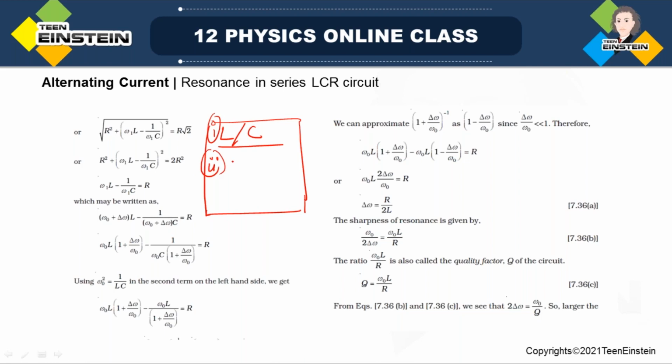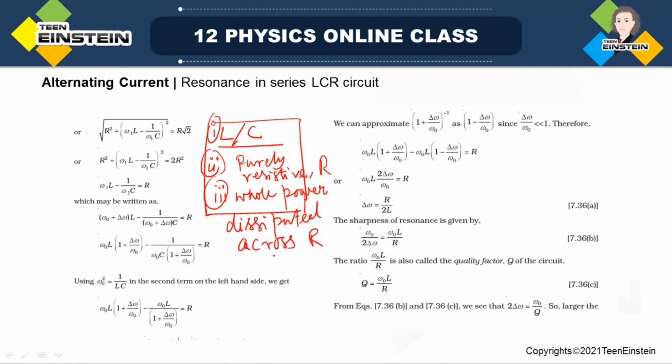Another point: at the resonance condition, the circuit is purely resistive, that is R. That means the whole power will be dissipated across R at the resonance condition.